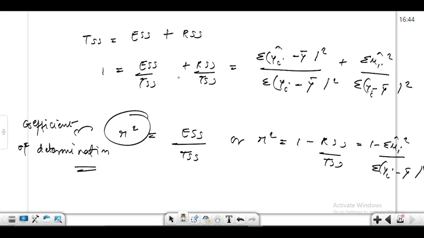So basically, in this equation, this term is your R square, which is your ESS upon TSS. I hope there is no confusion about how this R square came about.